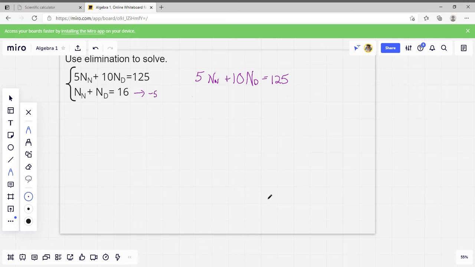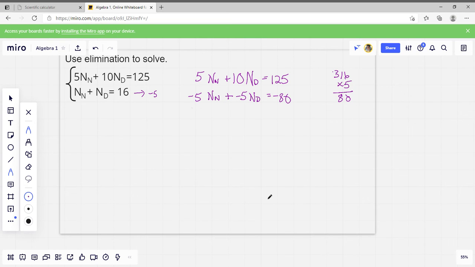So then I'd have negative 5 times the number of nickels plus negative 5 times the number of dimes equals negative 80, since 16 times 5 is 80.